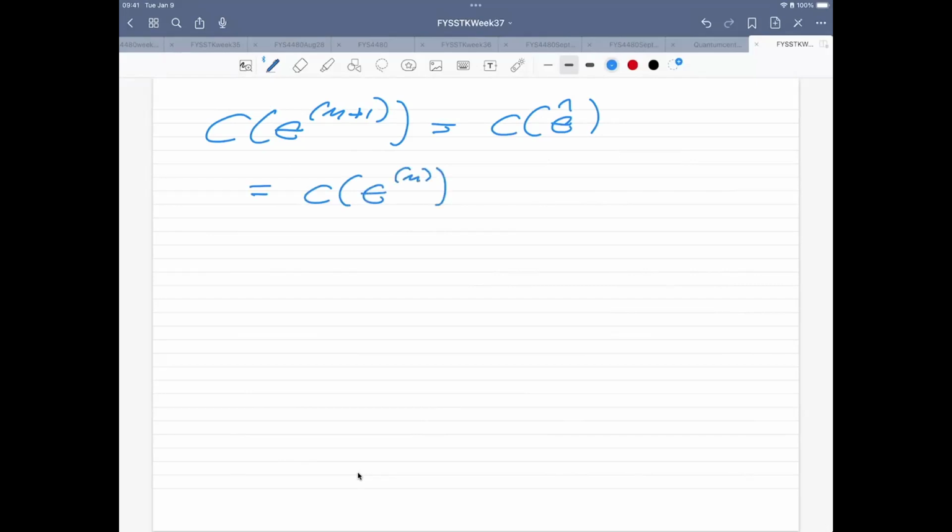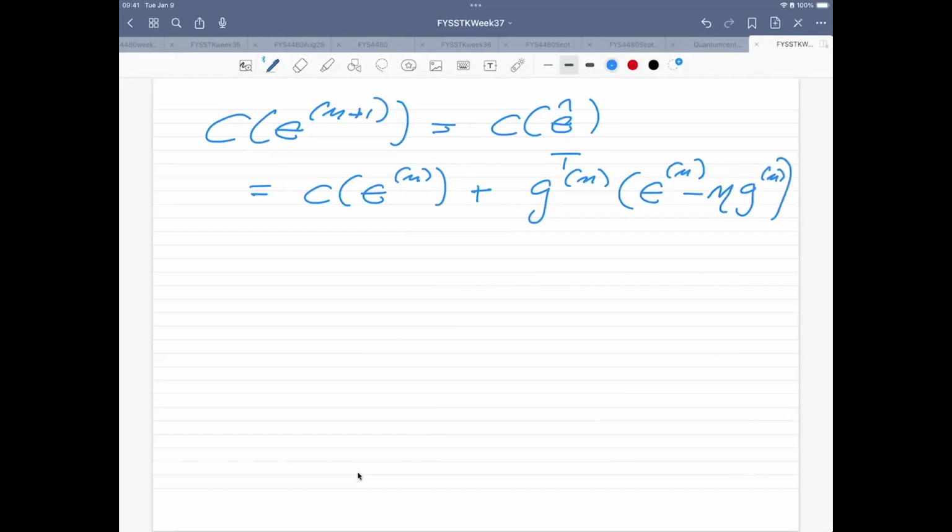This is just a constant. Then I'm going to have the gradient g, which is the first derivative. And then I have to multiply it with the term I'm making the Taylor expansion around, so I have minus eta g of n.